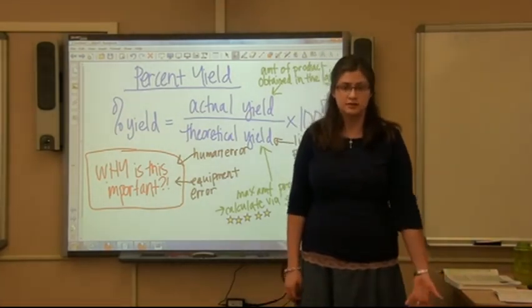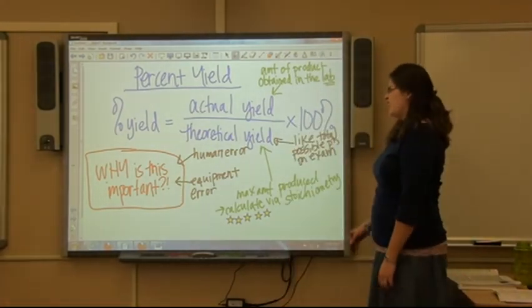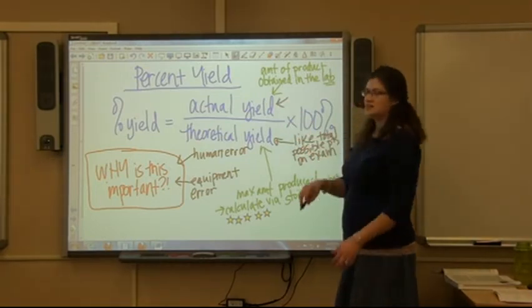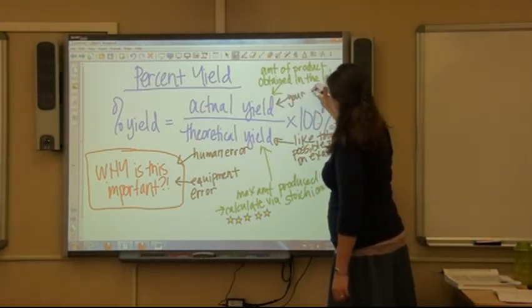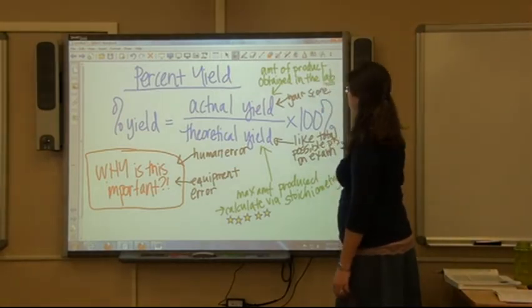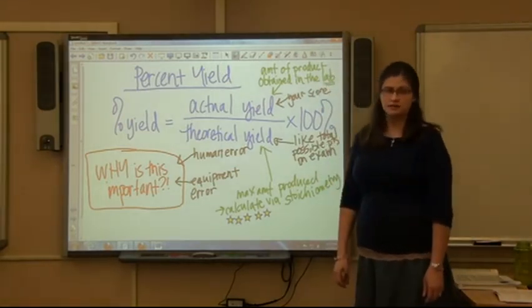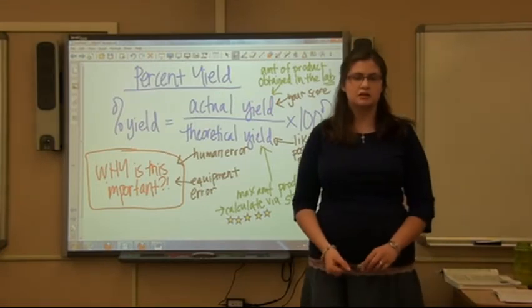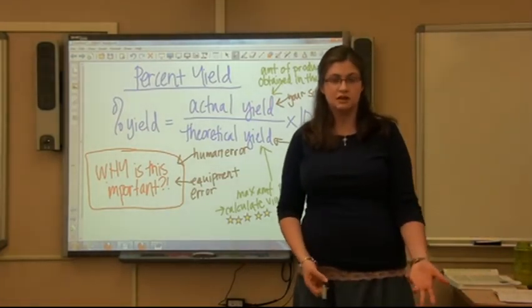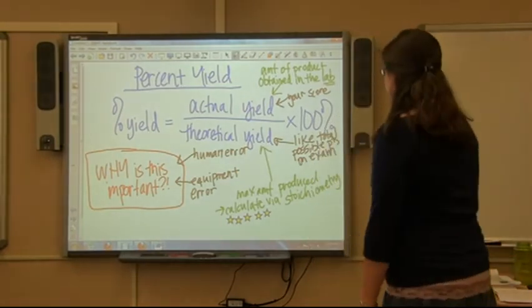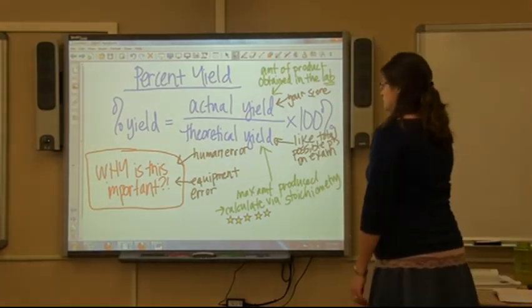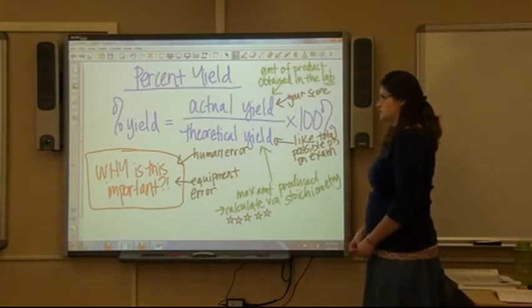You could get 100 points. The actual yield is what you're actually going to be graded on. This would be your score. So your percent yield is like your percent ability of reproducing, to me, evidence that you've learned the concepts that we've been talking about.